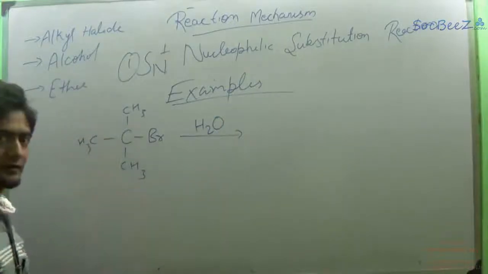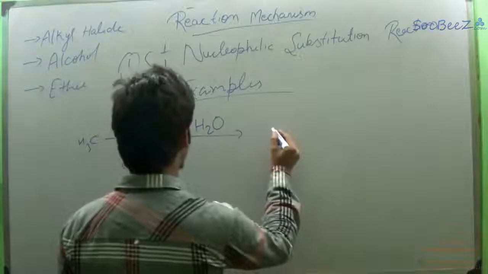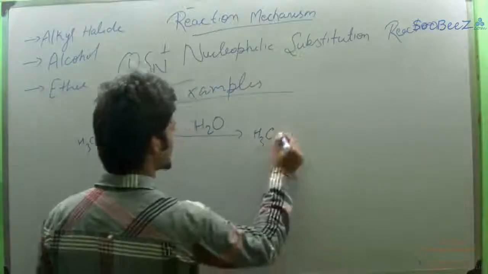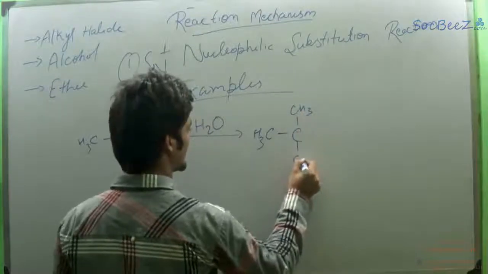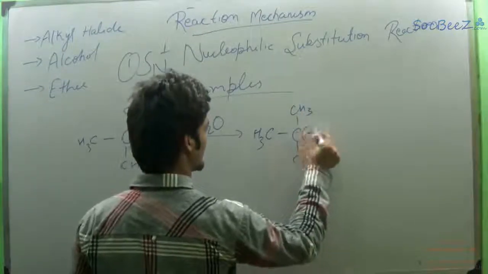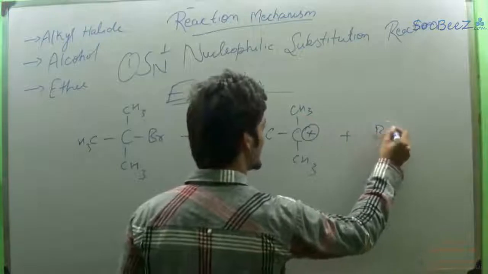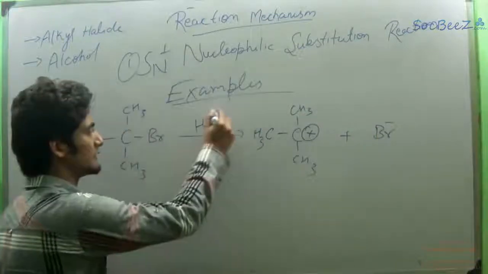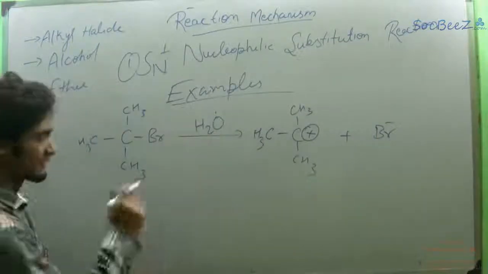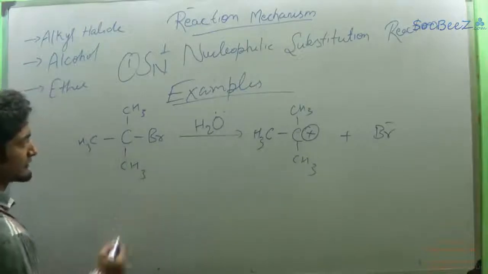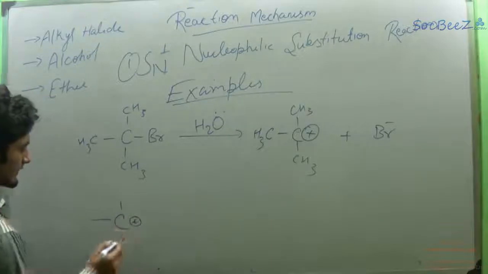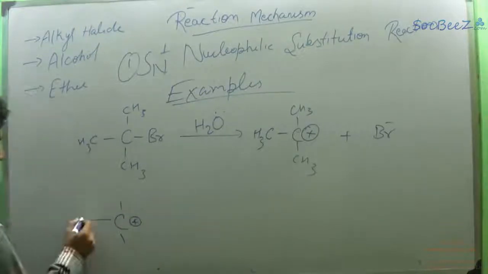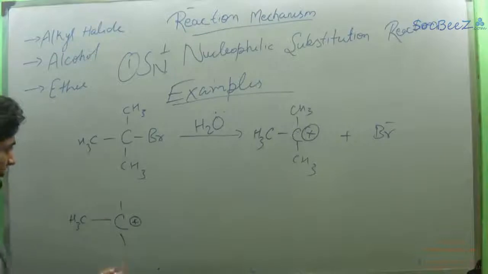So, the first step will be formation of carbocation. The carbocation will be formed, and this Br minus will be stabilized by these water molecules. The second step will be attack of nucleophile. Now we have two choices.